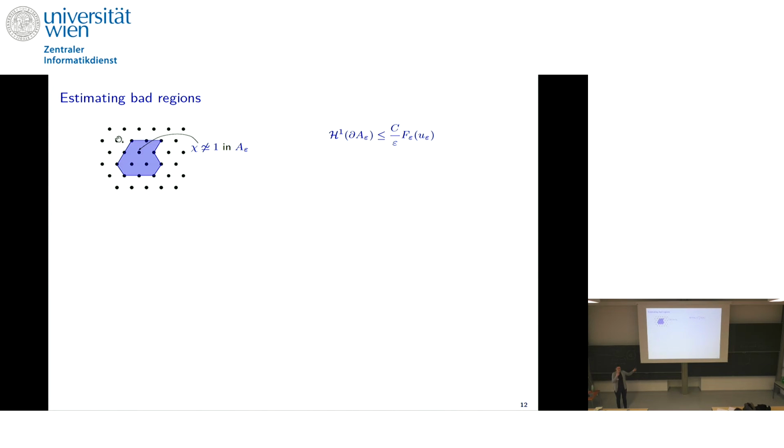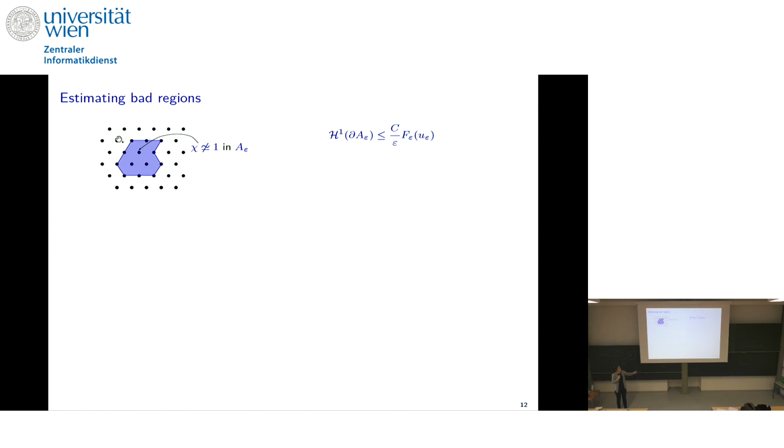Remember I told you we can make this argument continuous. So now I'm just assuming that here I have a region with chirality close to 1, and outside I'm not. So I fix the threshold and say, okay, here I have chirality larger than, let's say, 1 minus eta, and outside I don't. Then with the same argument as before, I can bound the perimeter of this set by a constant which depends on eta, but this one is fixed.